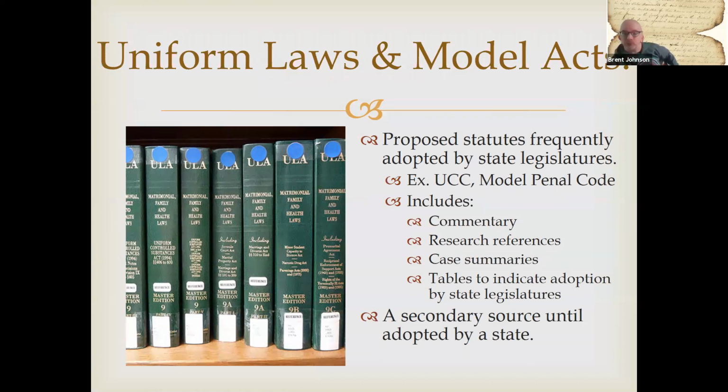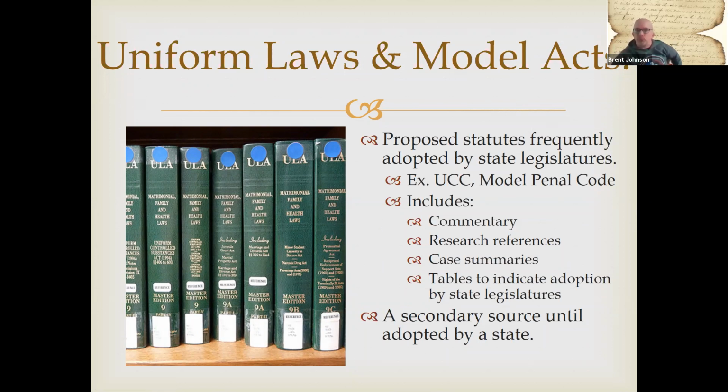Again, a bunch of smart people get together and they propose statutes that they call the 50 states should adopt so that there's uniformity across the country. So examples are the Uniform Commercial Code, penal codes. I think there's a family law one too.